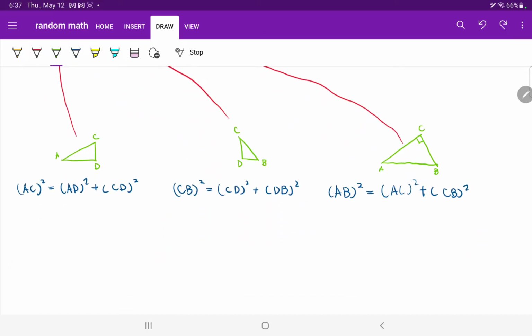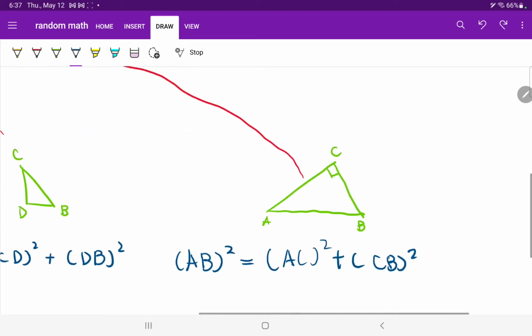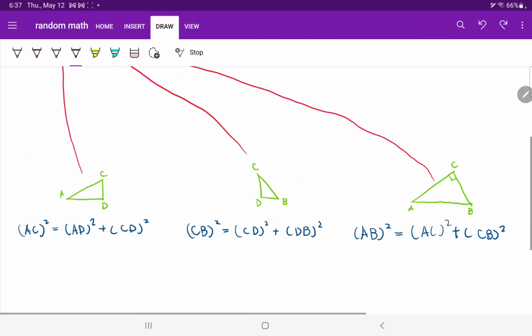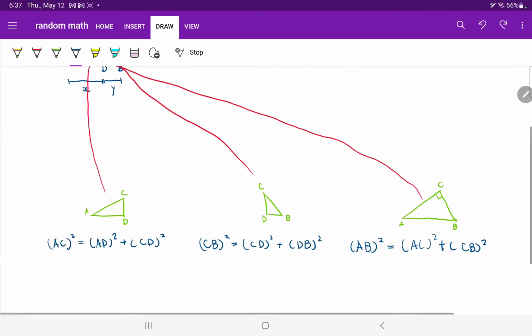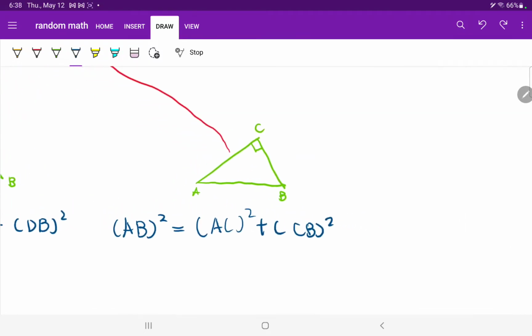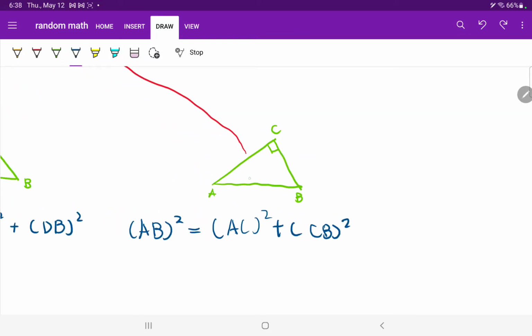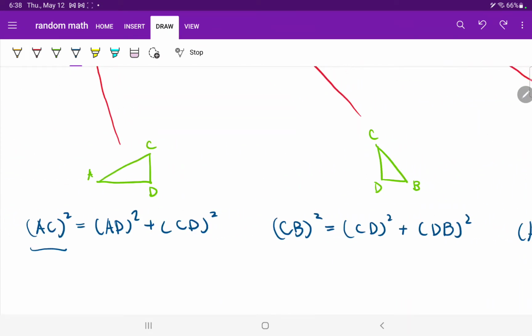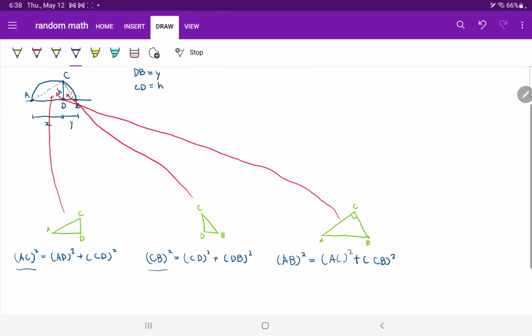The next step would be that we want to express this big right triangle right here as the combination of these two, because as you can see, this big right triangle can be expressed as AC squared plus CB squared, which I already have expressions for right here. So we can combine that first.